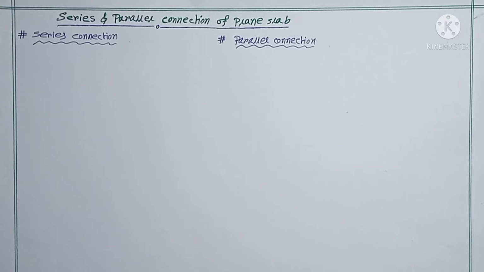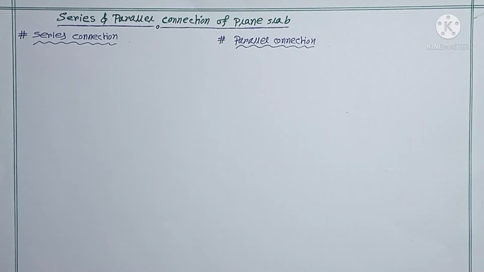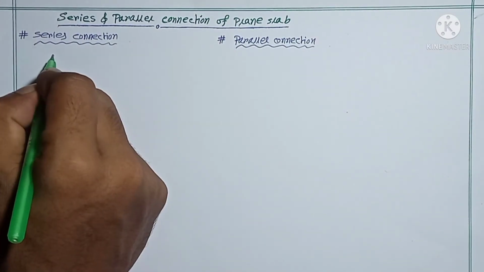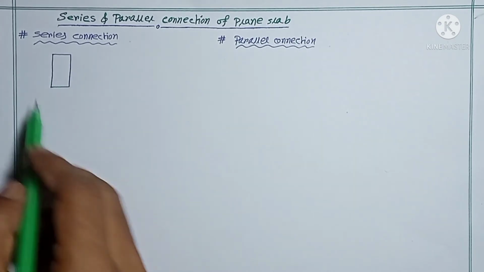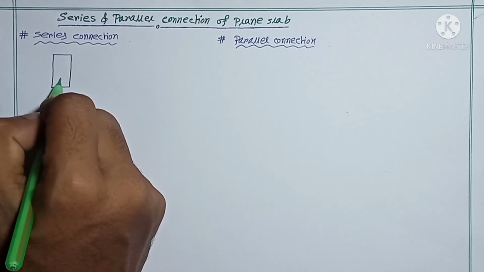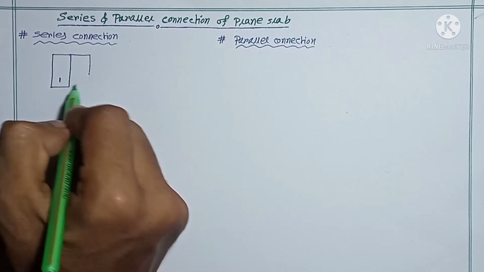First, if we talk about the series connection, how will it look? Suppose I consider this is one slab. Please ignore the drawing. This is slab number 1, and similarly this is slab number 2.